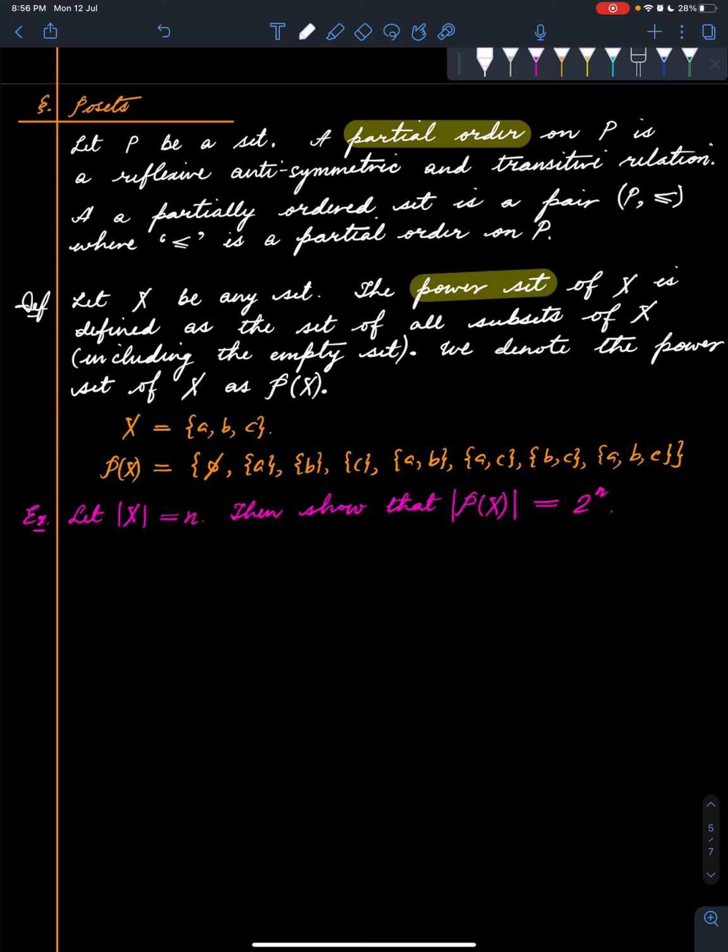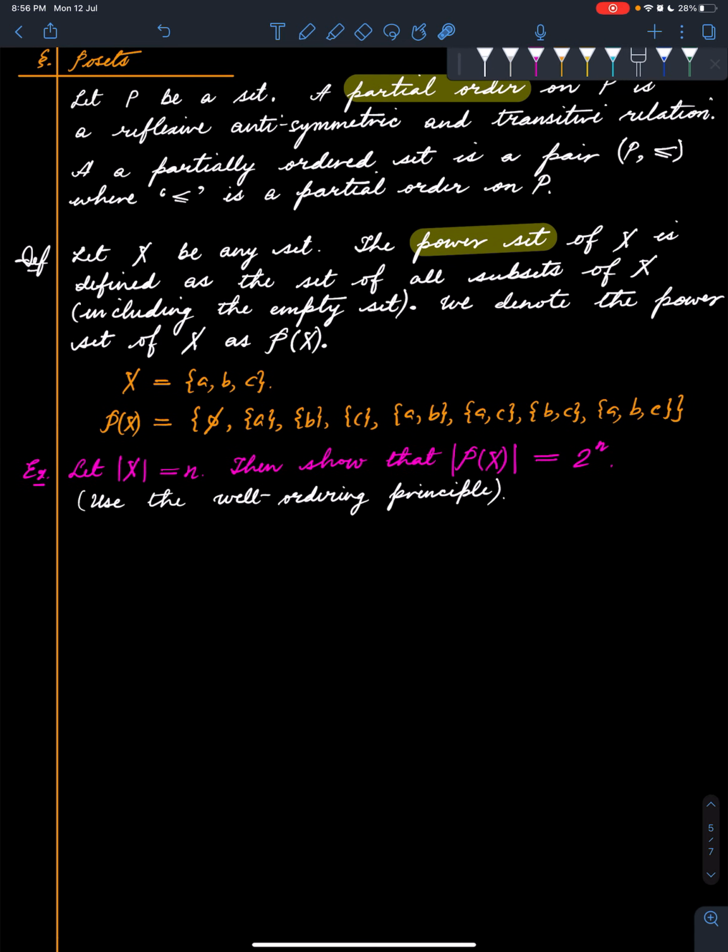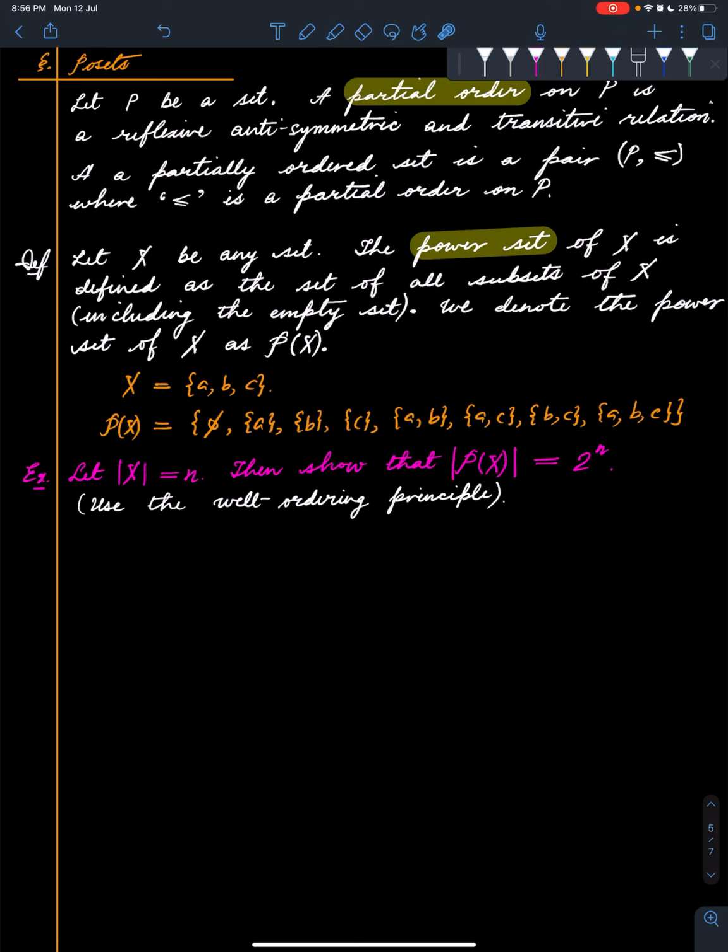And if you like, you can use the well ordering principle. Well ordering on what? On the cardinality this time. I highly encourage you to not skip any exercises.